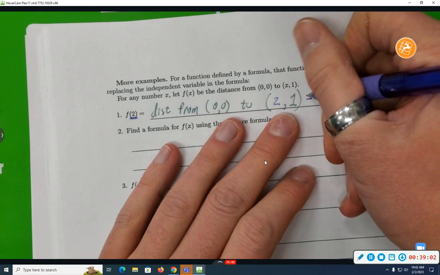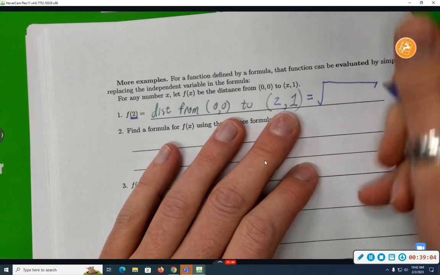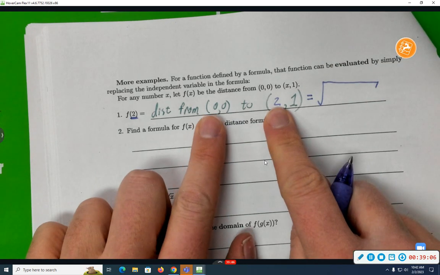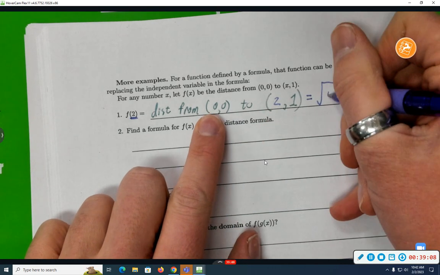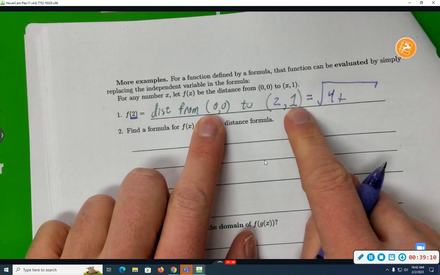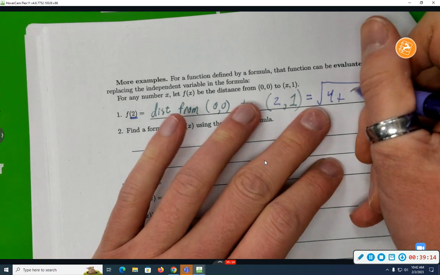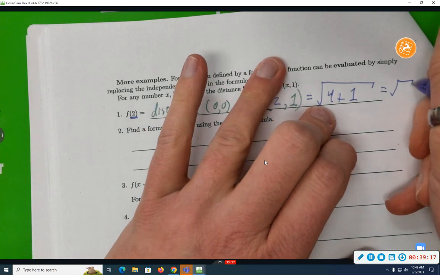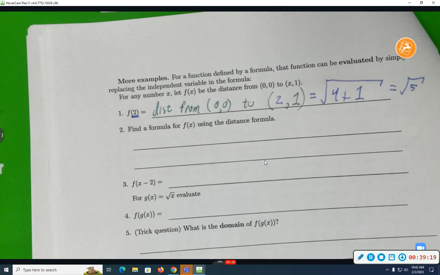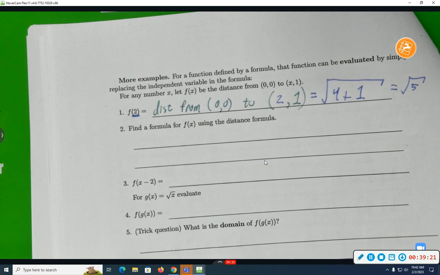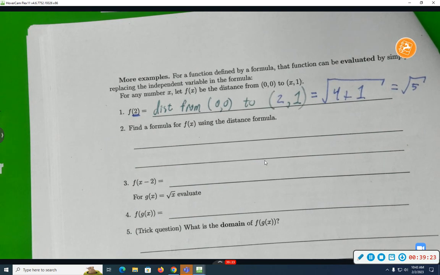So doing that, this will be the square root of the difference between the x's: 2 minus 0 is 2, squared is 4, plus 1 minus 0 is 1, squared is 1. So it looks like this distance is exactly the square root of 5. Does that agree with other people? Nice.